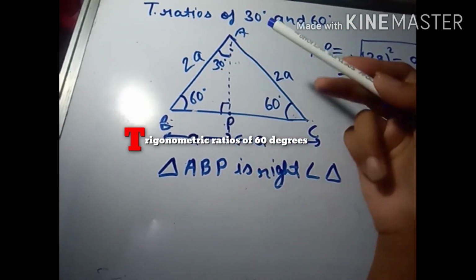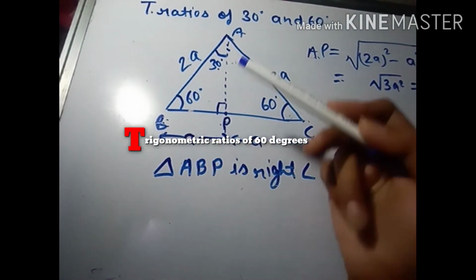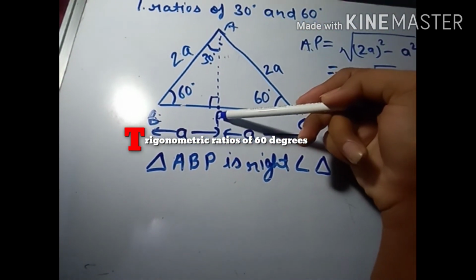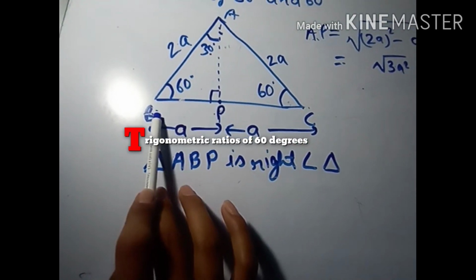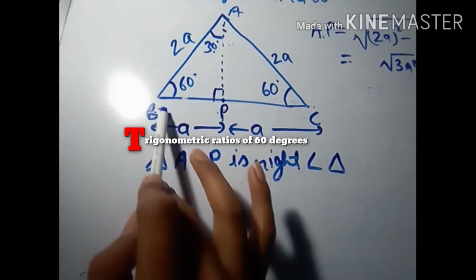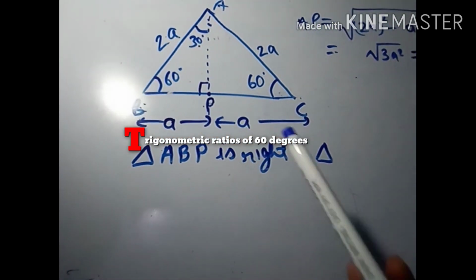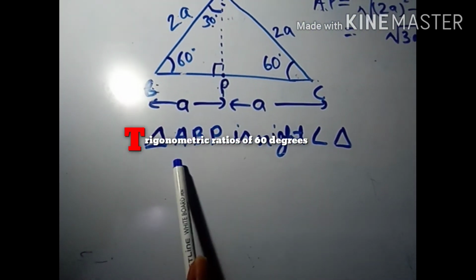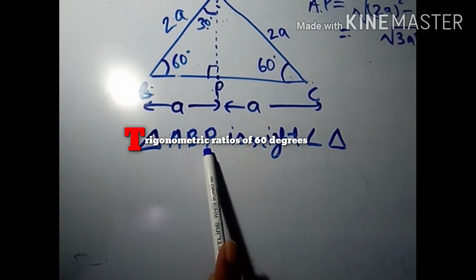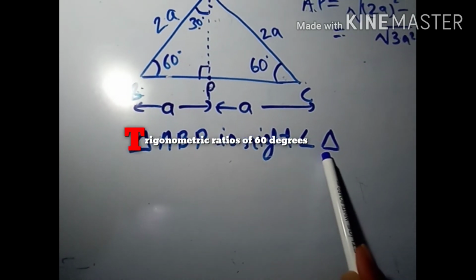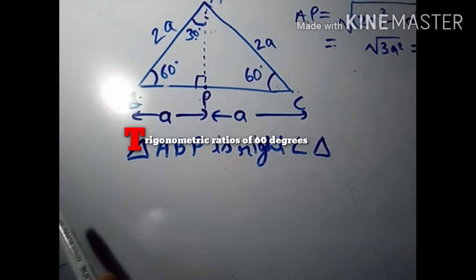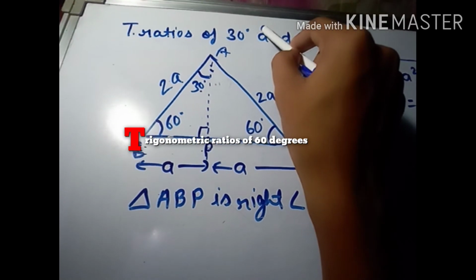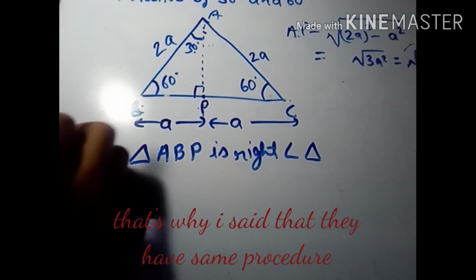AB is the hypotenuse, AP will be the perpendicular, and BP will be the base for this 60 degree angle. And we are using triangle ABP, which is a right angle triangle, as we used for 30 degree. Understand? So let us proceed.